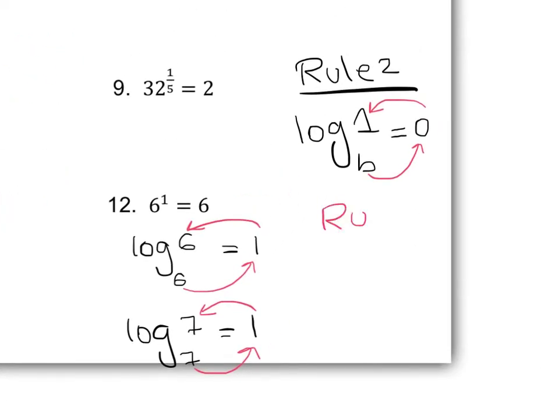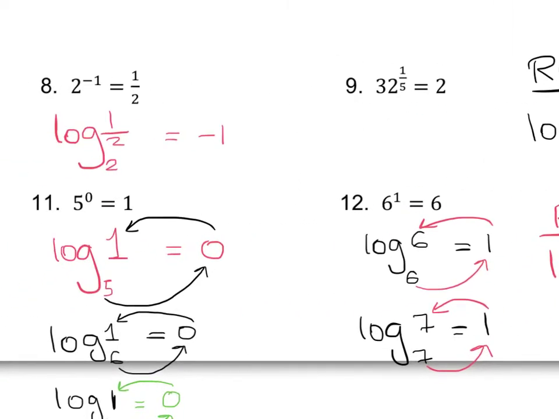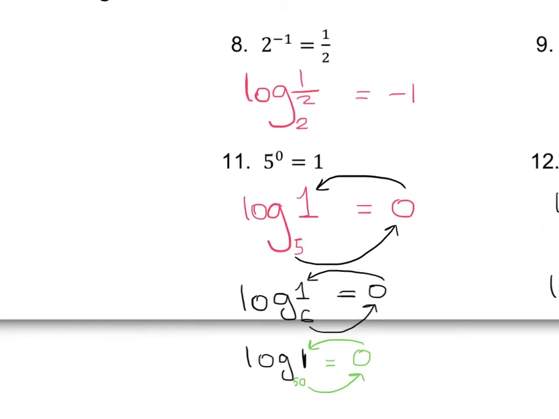You don't have to memorize them in order as long as you recognize them. So every time the number or the argument matches with the base, you can directly say that the log is 1, because b to the power 1 would be itself. So this is another rule that you need to know. So I think this is enough.